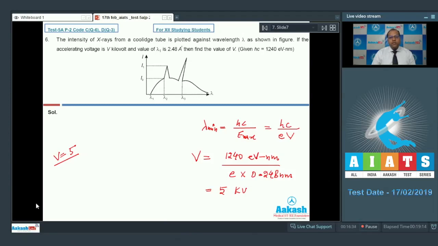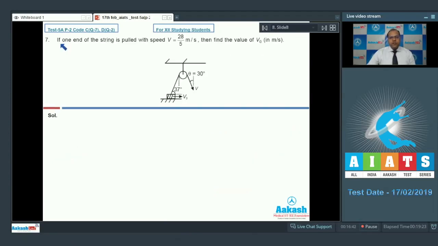Let's move to question number 7. In question number 7, if one end of the string is pulled with a speed v equal to 28 by 5 meter per second, then find the value of v naught. So from the theory of constraint, we can say that the component of v naught in this direction is v naught cos 37 degree. And this must be equal to v.